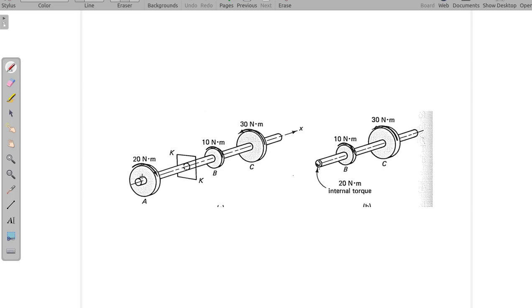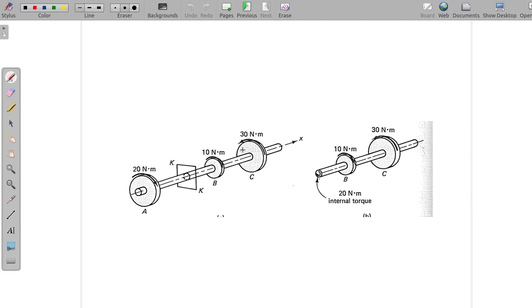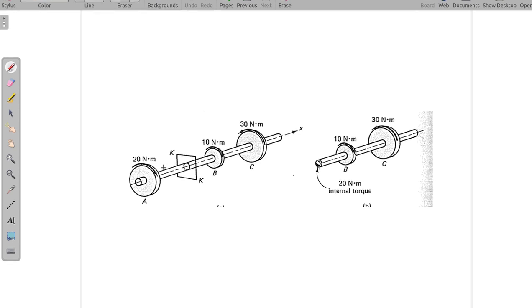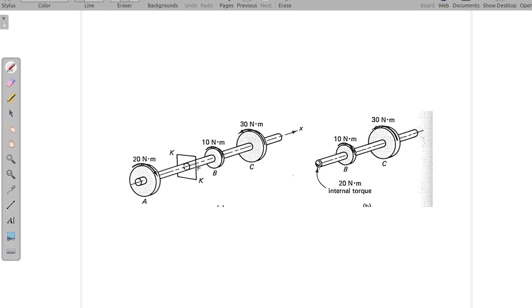So you have a torque of 20 Newton meter here, 10 Newton meter here, and 30 Newton meter here. Now let's say you have to find the internal torque resultant at cross section K.